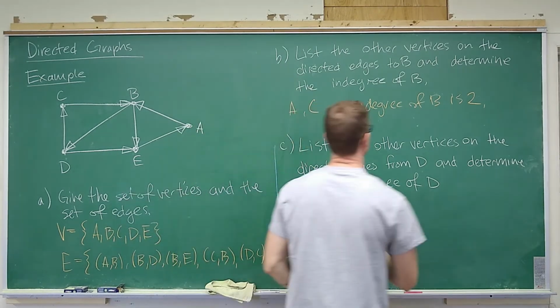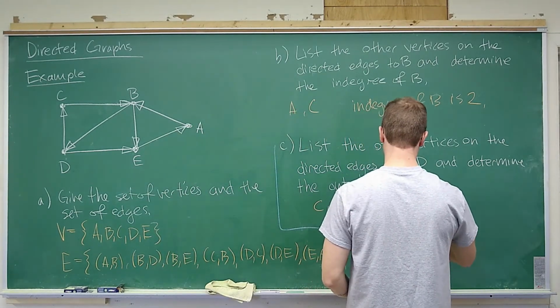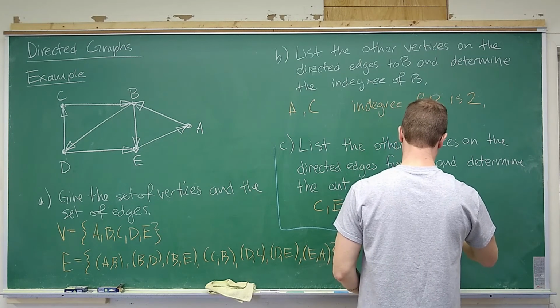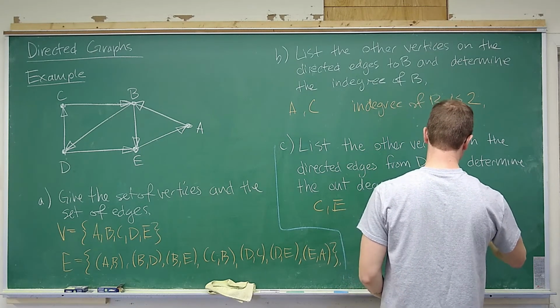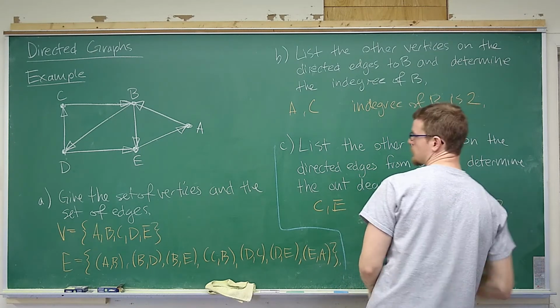And that gives us the outdegree of D is 2.